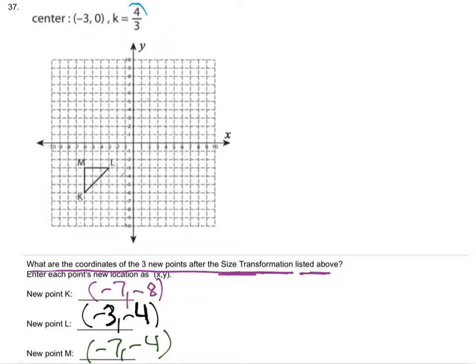So -7, -4. There's the M point. And -3, -4. There's the L point. And what was the original K? -7, -8. There we go. Boom, boom, boom. There it is. There's the new triangle. And here's the original center.